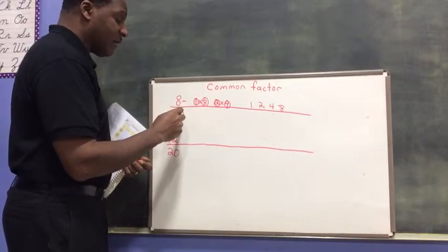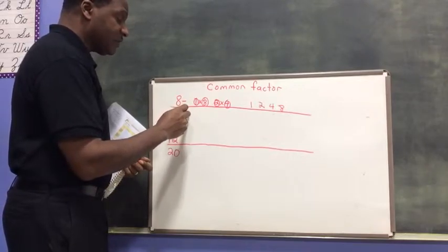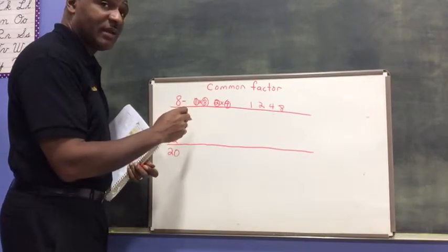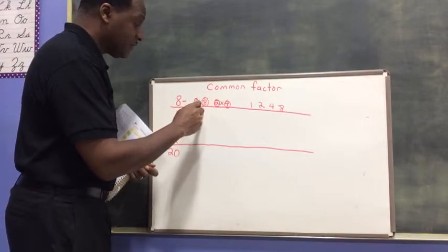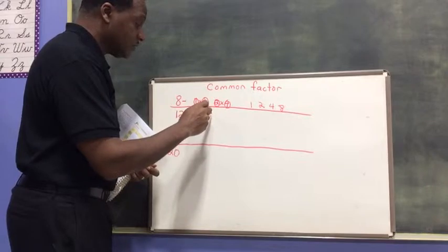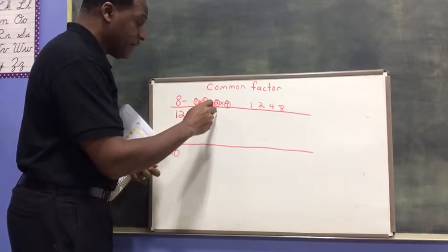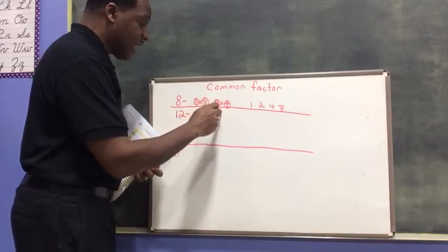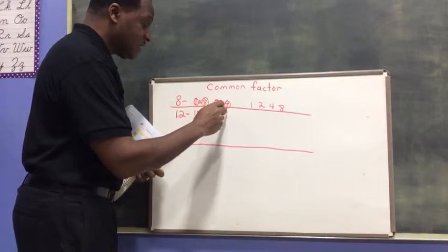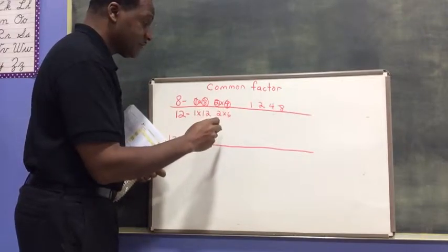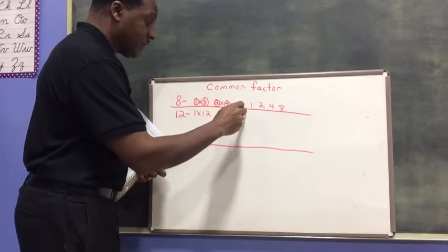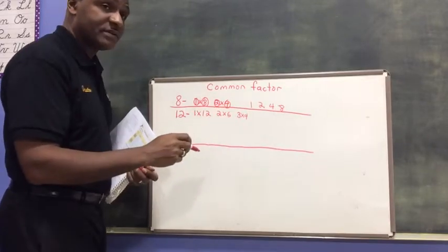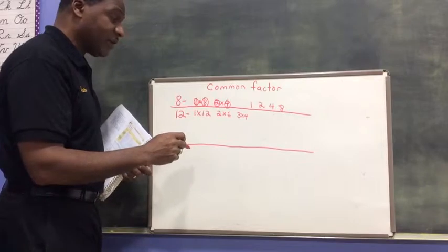Now, in order to find out what the factors of 12 are, we need to do the same thing. We need to multiply numbers to get 12. 1 times 12 equals 12. What other number? 2 times 6 equals 12. How about 3 times 4 equals 12? Are there any others? I doubt that there are.